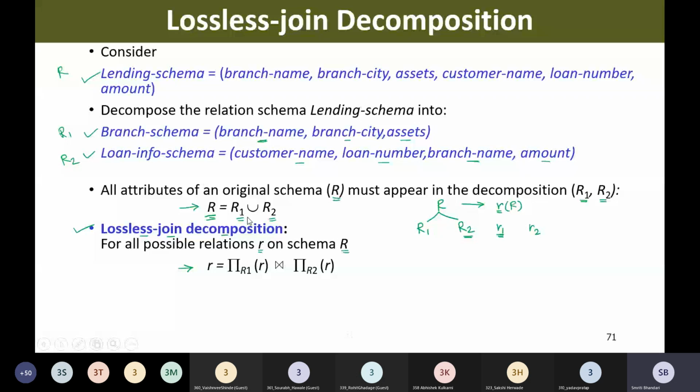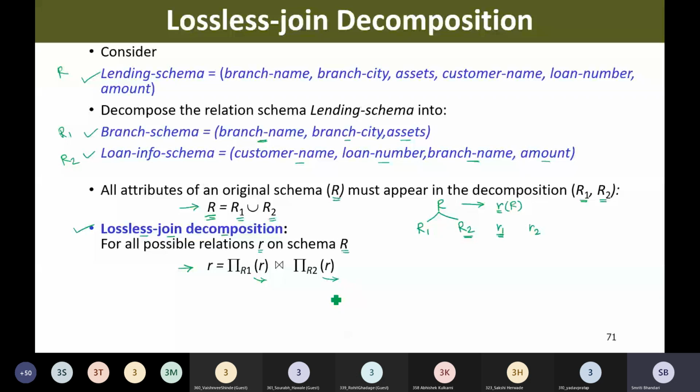If we consider this projection, this will provide one relation. If we consider this projection, this will provide another relation. So let us assume that these two relations are r1 and r2. The relation r1 is what we get by projecting our r with respect to the attributes in schema R1.